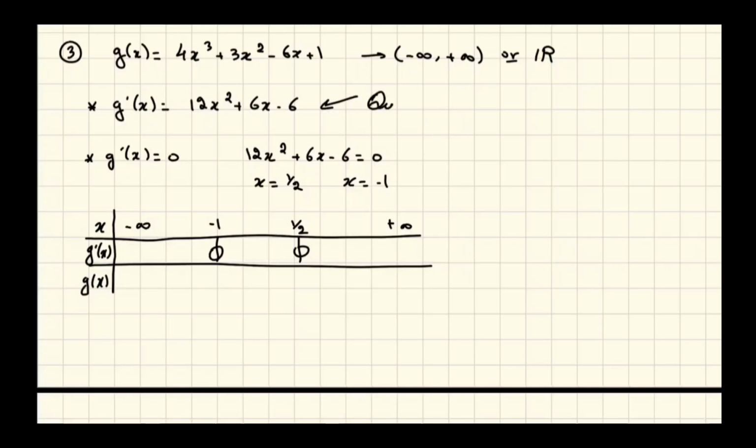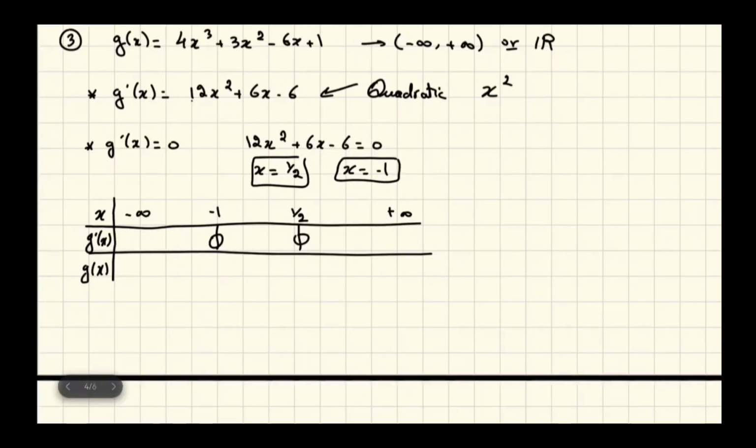If this is a quadratic expression, so the highest power of x is 2, then the sign between the two roots, which are -1 and half, will be opposite to the sign of the leading coefficient, the coefficient of x squared. So if 12 is positive, then between the two roots it will be negative, and on the sides it will be opposite to the middle, so plus plus.